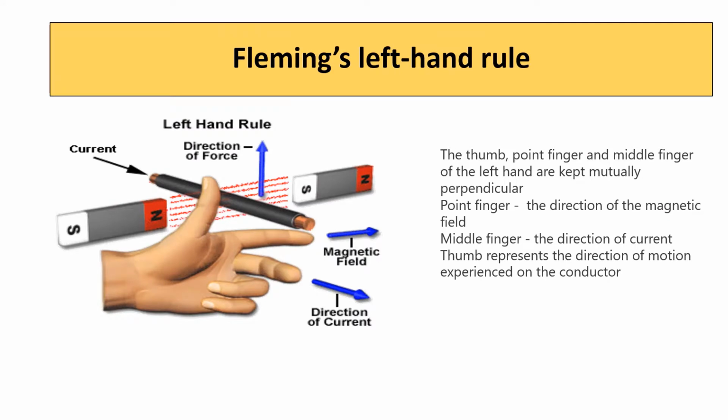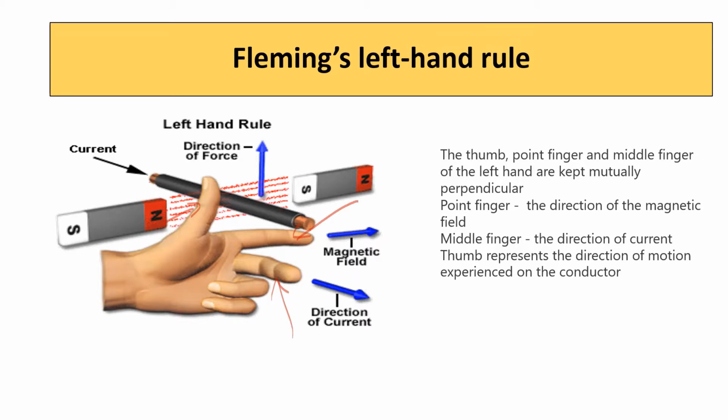We understood the force on a current carrying conductor depends on the current and the magnetic field. Fleming's left-hand rule is a simple rule to find out the direction of the force on the current carrying conductor. According to Fleming's left-hand rule, you stretch your left hand such that the thumb, the pointer finger, and the middle finger are mutually perpendicular to each other.